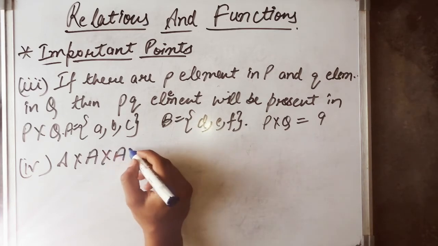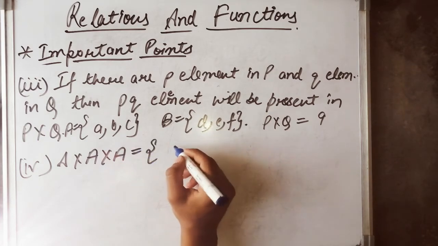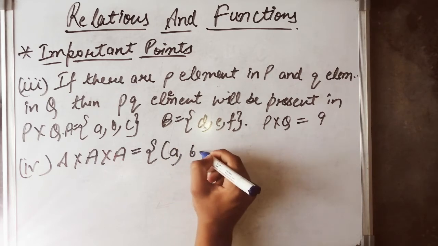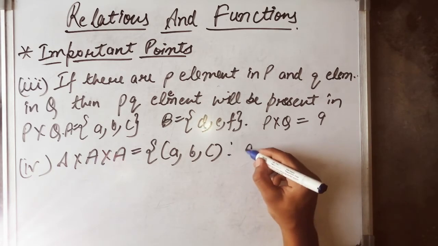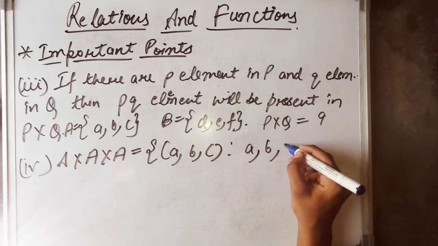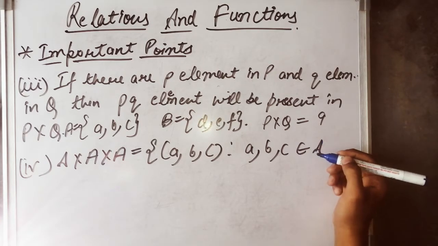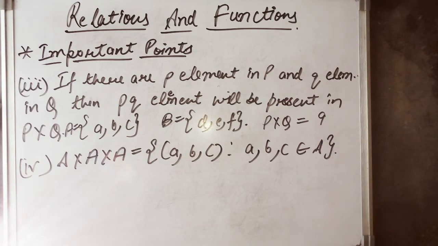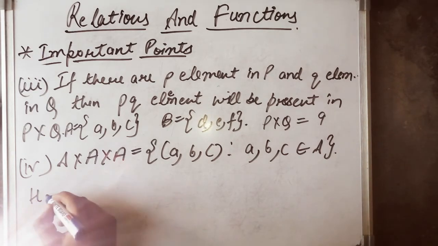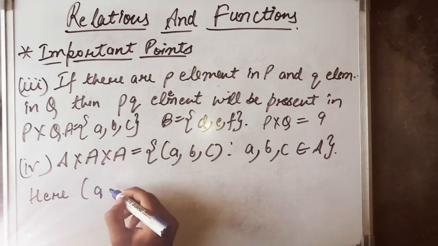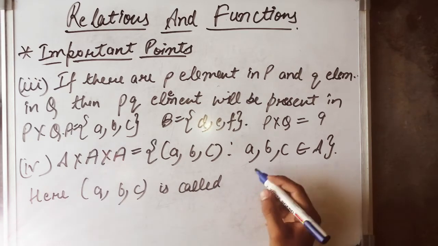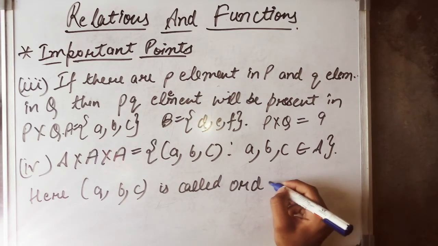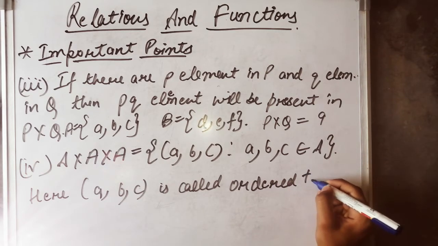A cross A cross A equals (a, b, c) such that a, b, c belong to A. Here (a, b, c) is called an ordered triplet.